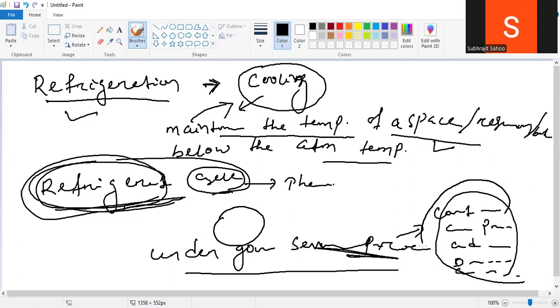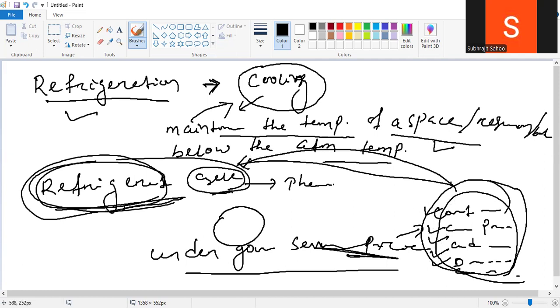These several processes, if connected with each other, will constitute a cycle, right? If I connect the several processes in a perfect manner, back to back, it will constitute a cycle. That's why it is called a refrigeration cycle.